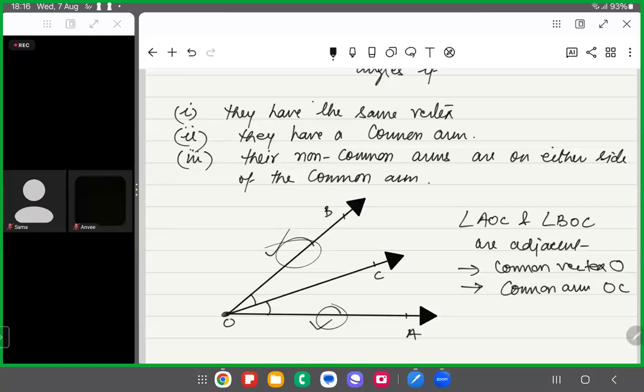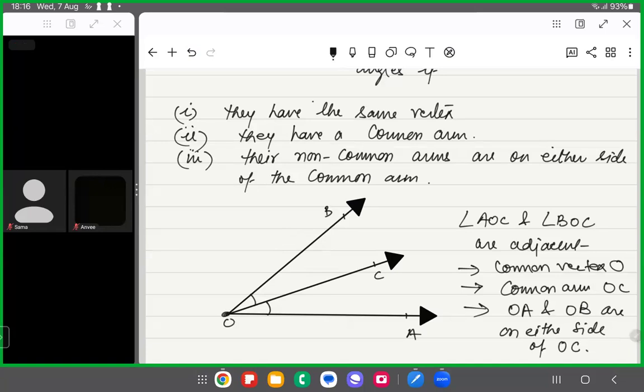So this is the third condition for the two angles to be adjacent. Arms OA and OB are on either side of OC. So AOC and BOC are said to be adjacent angles.